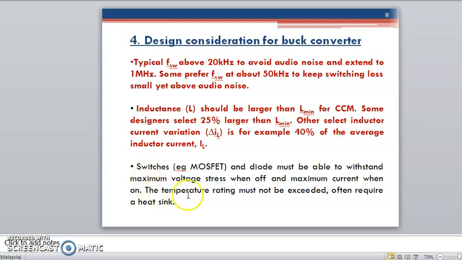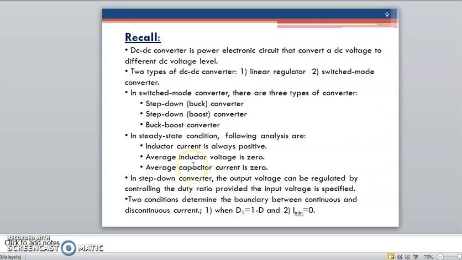Switches, for example MOSFET, IGBT, and so on, must be able to withstand the maximum voltage stress and also the maximum current, maybe in RMS or average, depending on the datasheet. If you exceed the current, you should consider a heatsink, because you cannot exceed the temperature rating. We shall see heat management data on this converter. So to recall, you can read all the statements down.